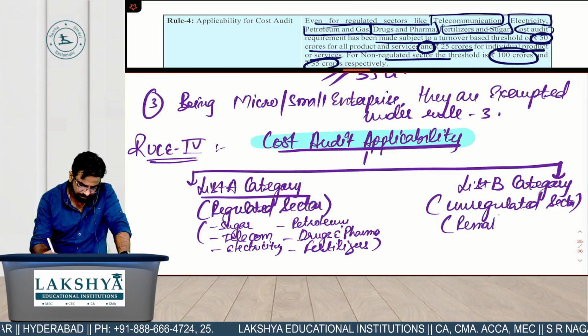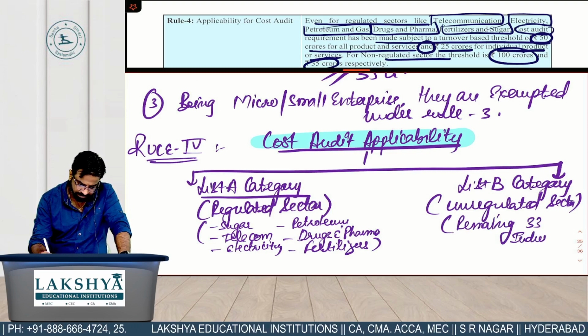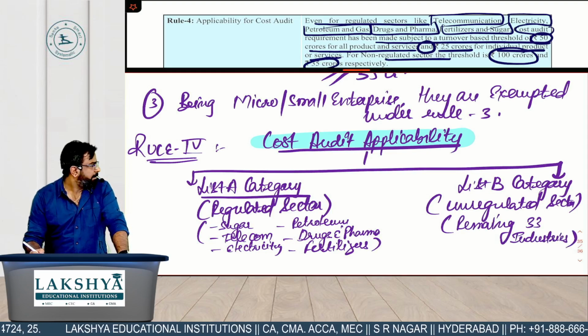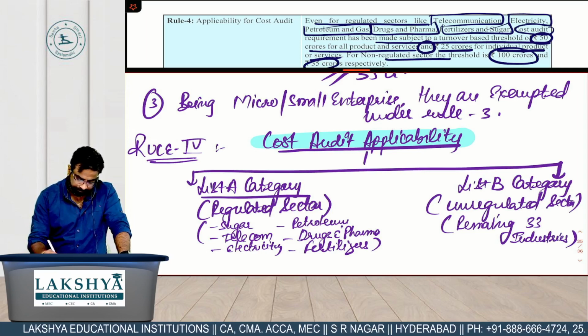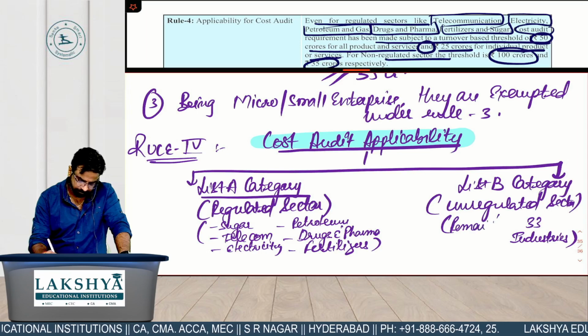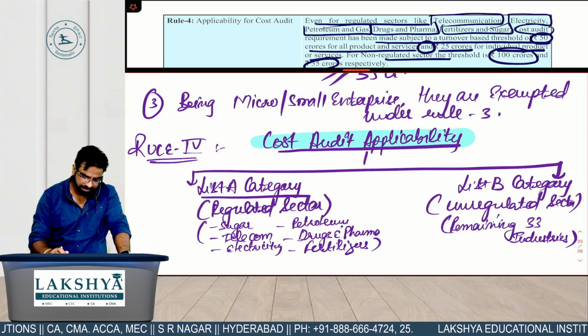Remaining 33 industries. Remaining 33 industries.